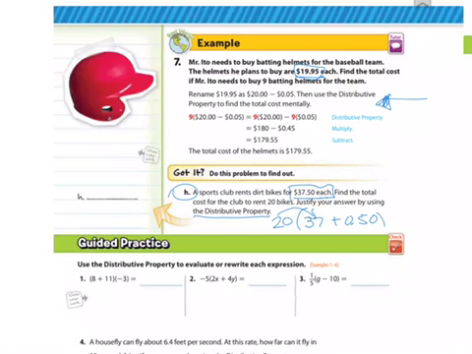So if we multiply 20 by 37, we get 740, and then if we multiply 20 times 50 cents, that would come out to $10. So we can then add this quickly together, and we come out with $750.